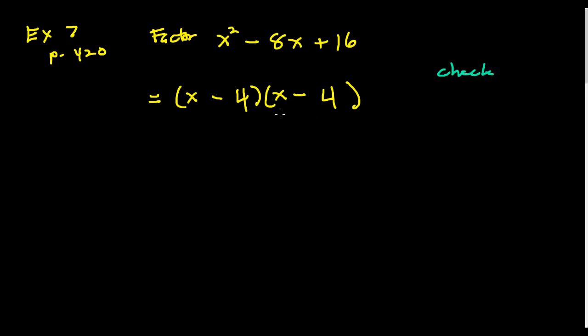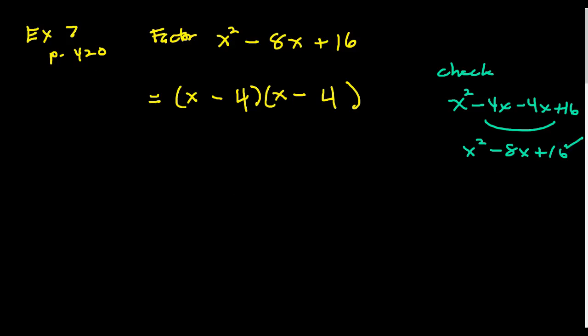The first product, x times x, is x squared. The outer product is minus 4x. The inner product is negative 4x also. And the last product is minus 4 times minus 4, which is plus 16. Of course, the inner and outer product are like terms and add up to x squared minus 8x plus 16, which indeed checks.